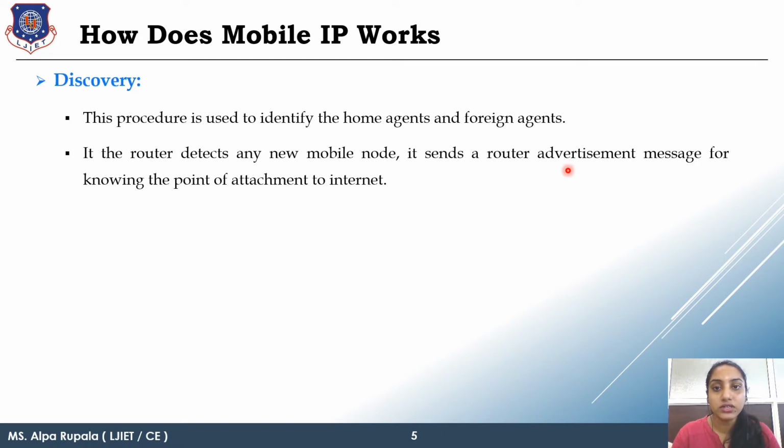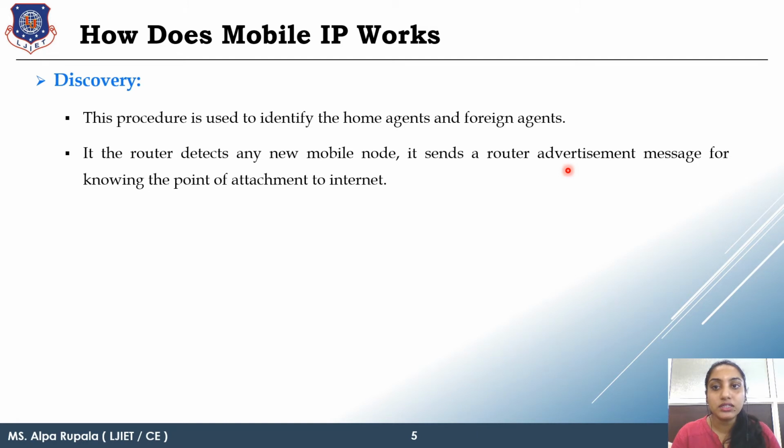So now the router will verify or compare the mobile node's network address and its own network address. If both match, then this new mobile node is a home node. If they do not match, then this mobile node is a foreign node.